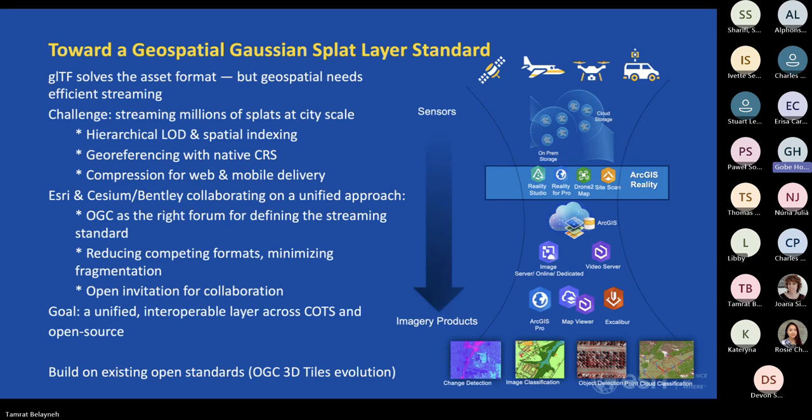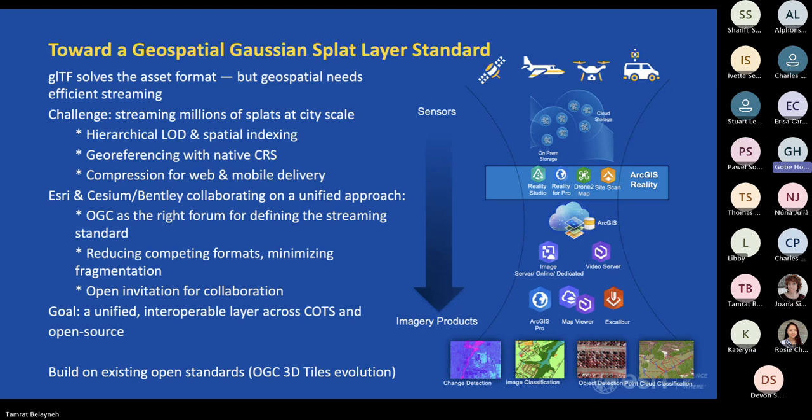Especially when you're working across code solutions and open source, you really want to make sure that there is not that much fragmentation. This is where having standards like in OGC and others really helps. The challenge still exists; you're trying to stream millions of splats at city scale.